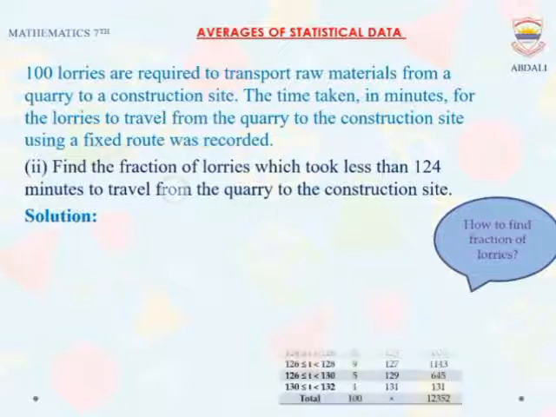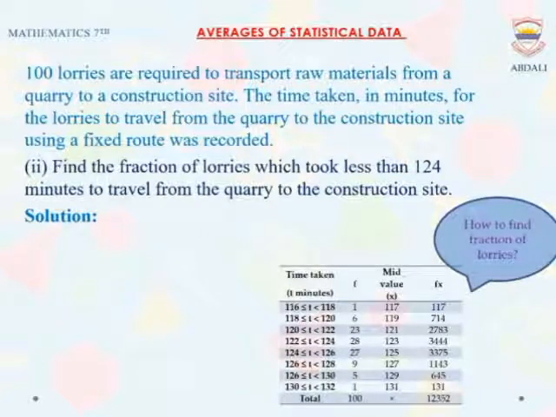So we will review our table first and we will see carefully the mid values, how many lorries took less than 124. We can see that 1, 2, 3 and 4 classes took less than 124, and after the fourth class our interval value becomes greater than 124.